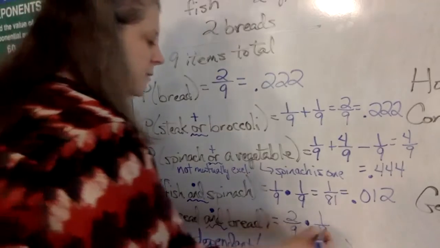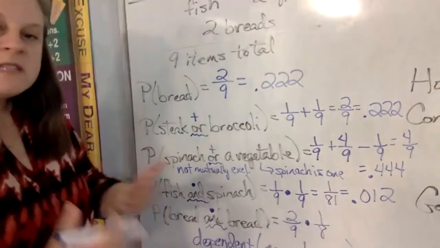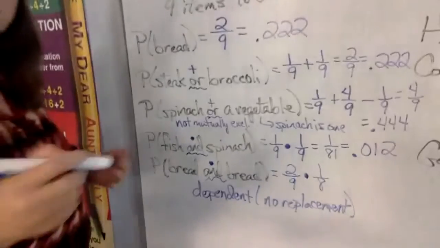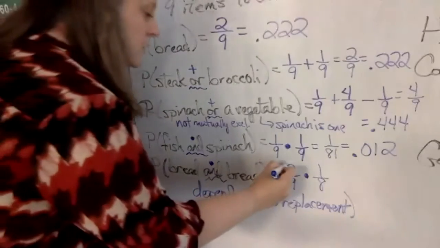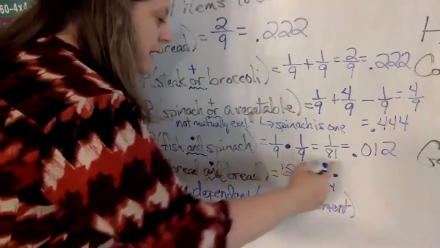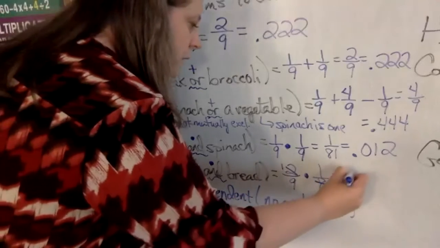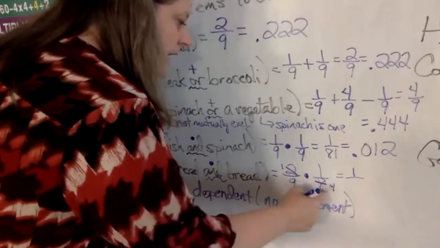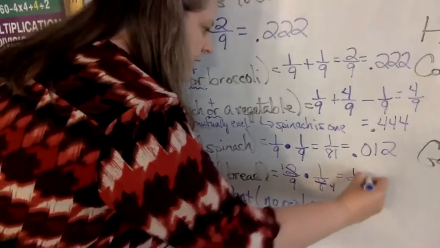So I multiply 2/9 times 1/8. Now, you can simplify first if you want to. 2 goes into itself once. 2 goes into 8 4 times. Multiply straight across. 1 times 1 is 1. And then 9 times 4 is 36.